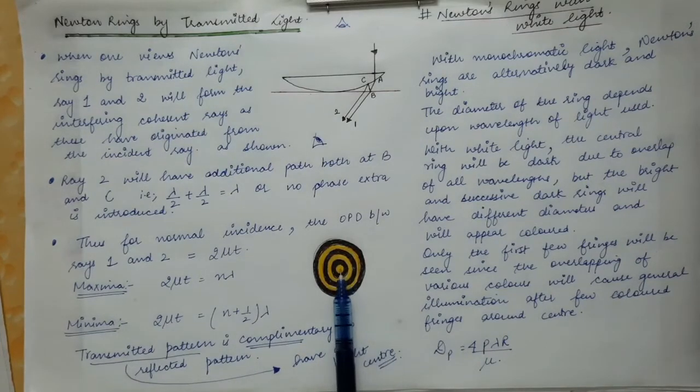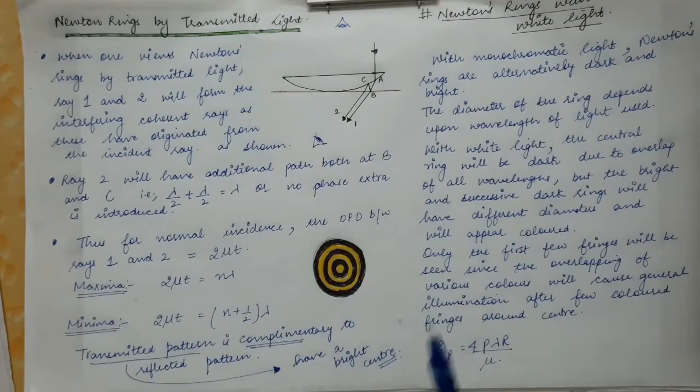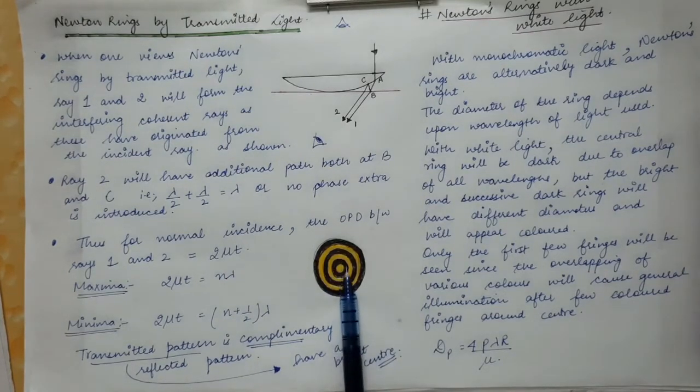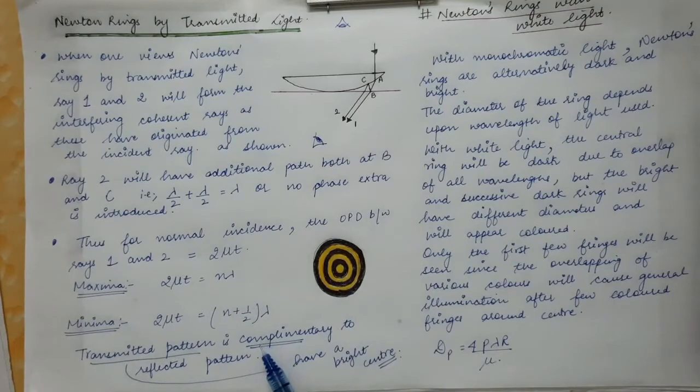So corresponding to every dark fringe in the transmitted region, we have a bright fringe in the reflected region.